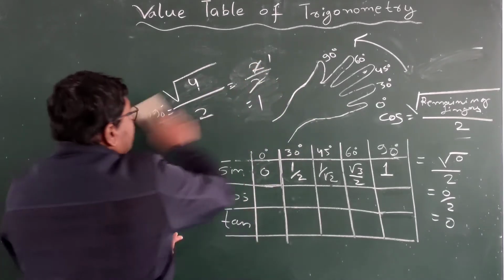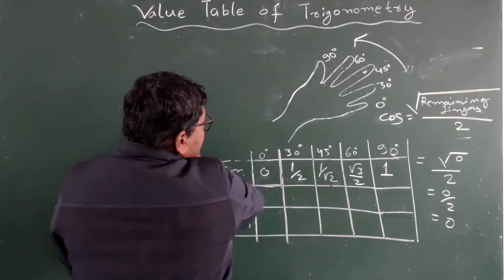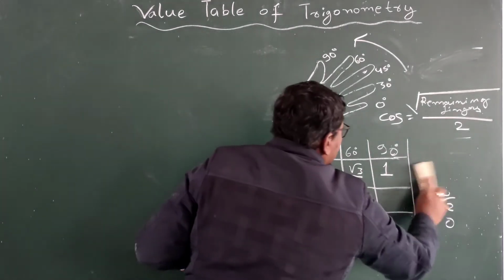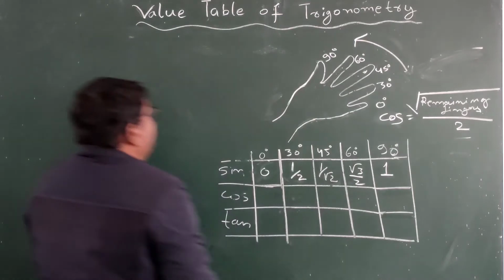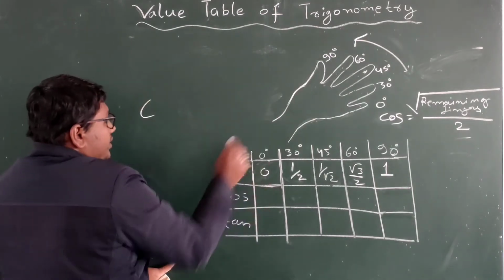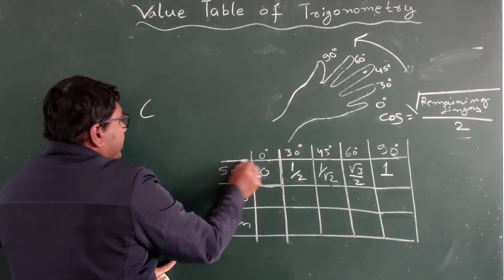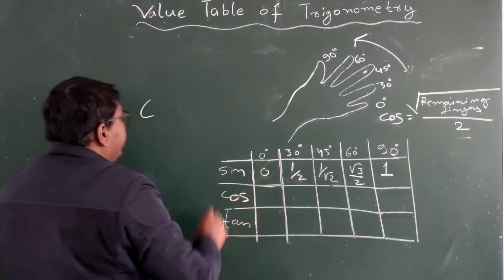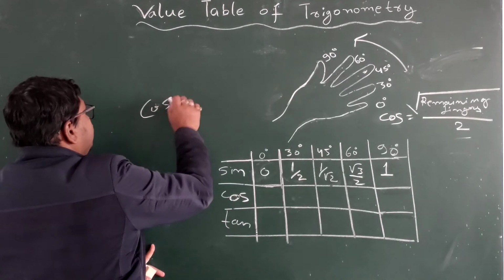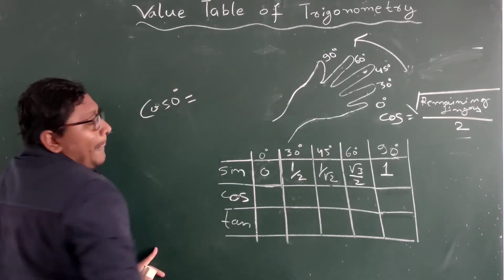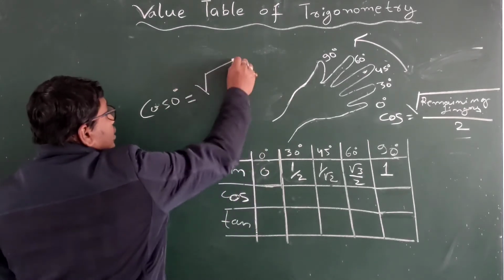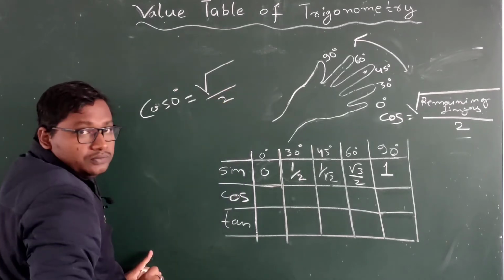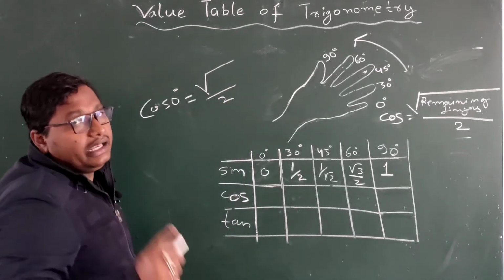Now, you see. Again I am writing here cos 0 degree first. What is the formula? Square root of the remaining fingers, then divided by 2.